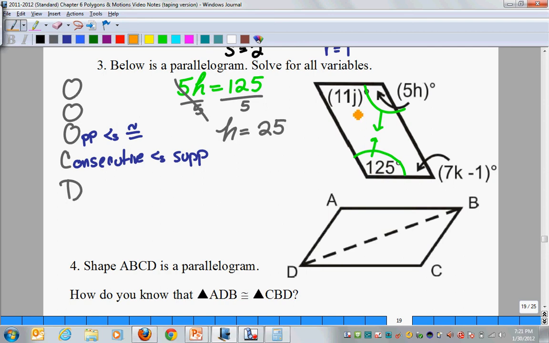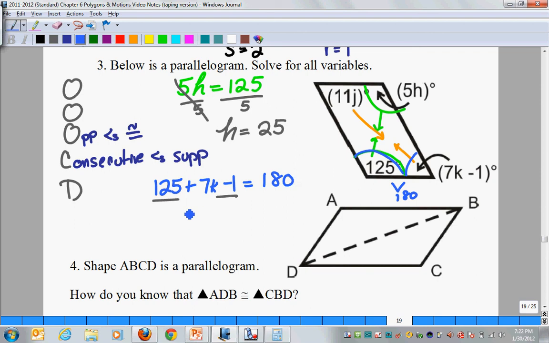Now, we can't go this way and make these two equal because we're going to end up with two variables. So instead, we're going to take it this way. Consecutive angles add up to 180. So I can do this. 125 plus 7k minus 1 equals 180. We're going to collect like terms.